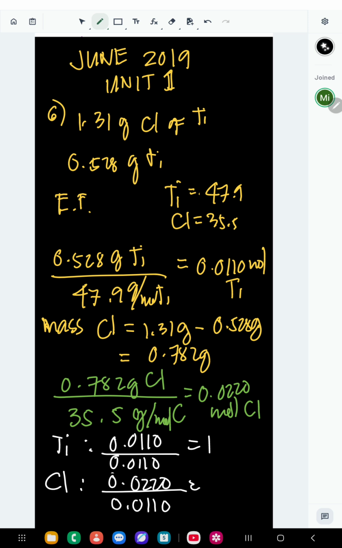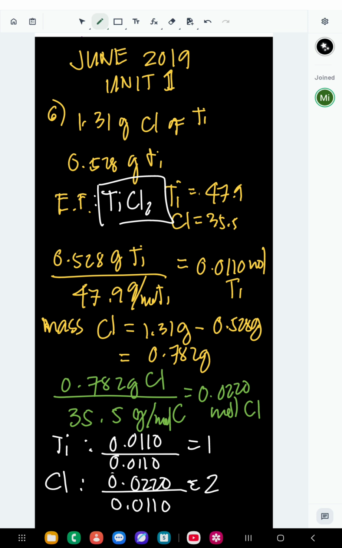I think that is 2. So that is 2 moles. Therefore, our empirical formula for this one is TiCl2. Okay, so that is the formula of titanium chloride, and that would be letter B.